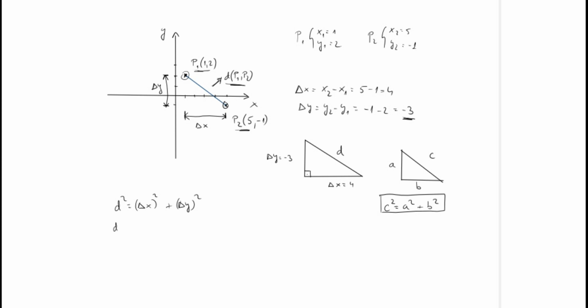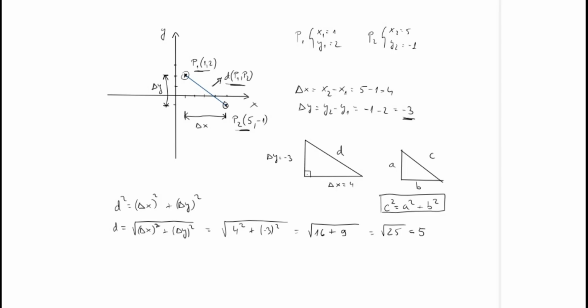Okay, it also means that d will be equal to the square root of delta x squared plus delta y squared, which is the square root of delta x, which is 4, squared plus delta y, which is -3, squared, and then this is the square root of 16 plus 9, which is then the square root of 25, which is 5.